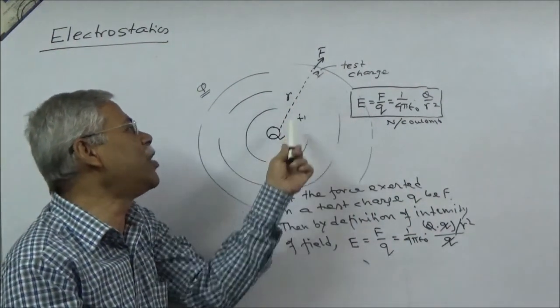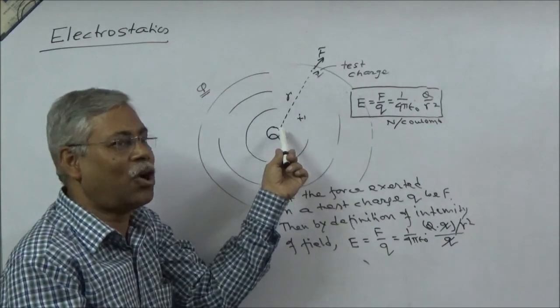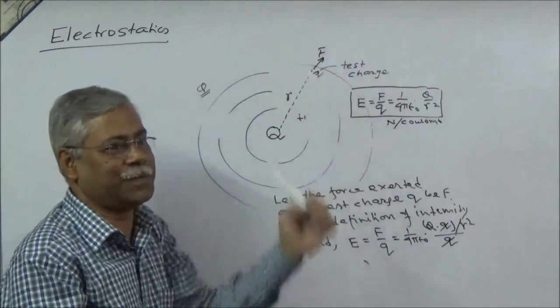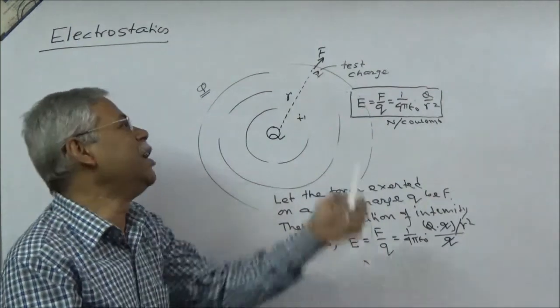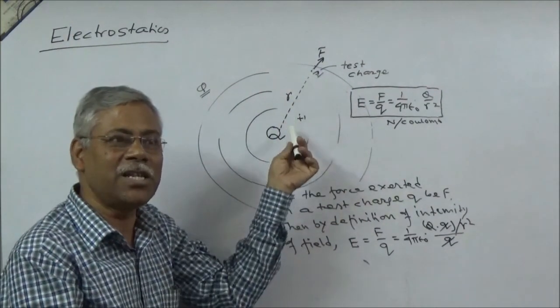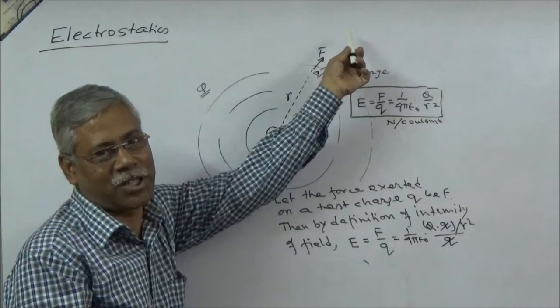Will it always be towards this charge, or can it be away from the charge also? It can be towards this charge, it can be away from the charge.